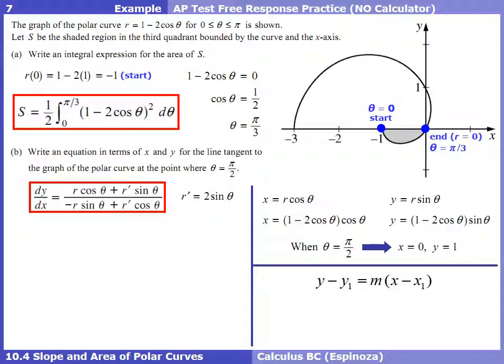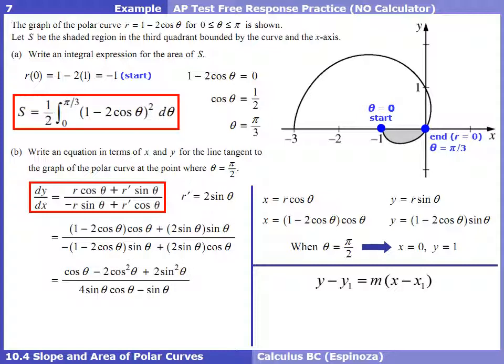The derivative of r, which is 1 minus 2 cosine theta, would just be 2 sine theta. Once we realize that, we can take the r and the r prime and plug it in appropriately into the equation. We want to find the slope of our tangent line so that we can write the equation at pi over 2 for theta. So what we need to do is plug in pi over 2.